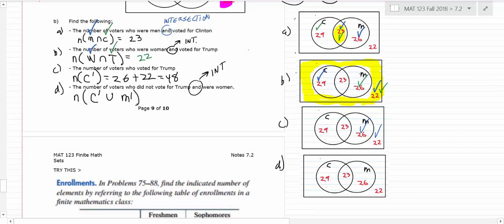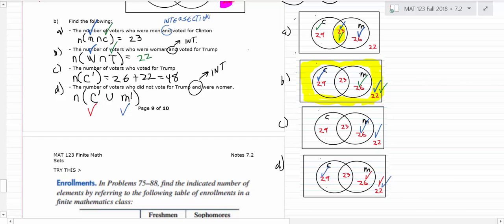We make some assumptions here. I'm going to do red check marks by people who are outside of the Clinton circle, so that would be that and that. Then I'm going to do blue check marks by people that are not men, which would be this, and that.